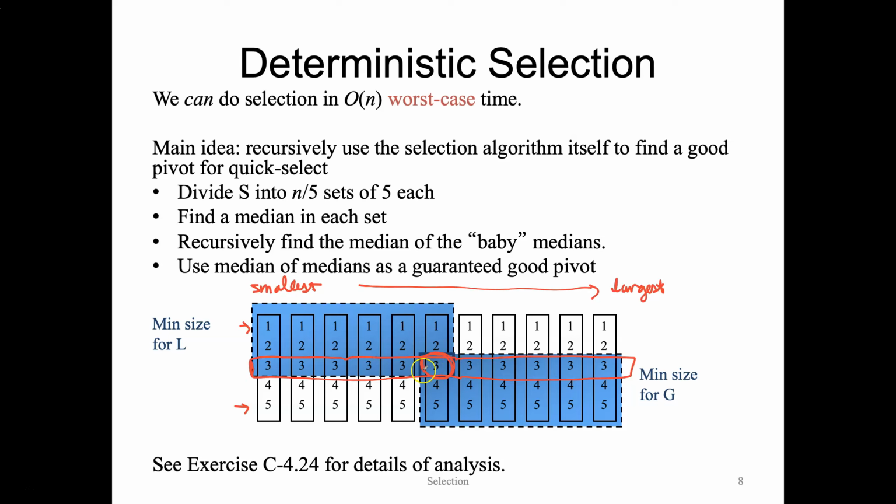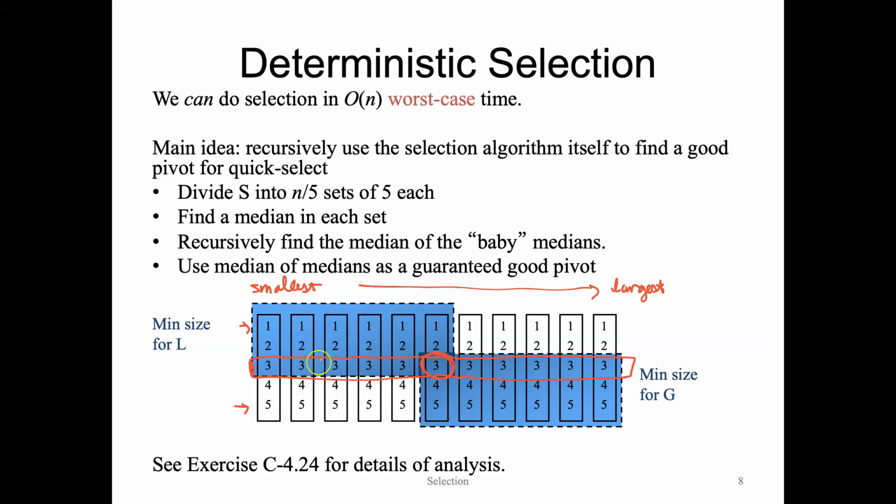Not necessarily the median of our original sequence, but we'll see this is a good enough pivot for us to choose. And the reason for that is we can count how many items are smaller than this pivot. We've got everything on the same line here to the left. Since we had ordered based on medians, each of these medians are smaller than this one. And these two items of the same list are smaller than this one.